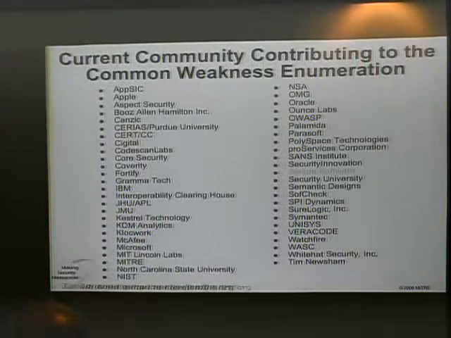This is our community. These are the group of people that we've worked with, talked with. Some are big contributors, and some are just people we've bounced notes off of, and so forth.